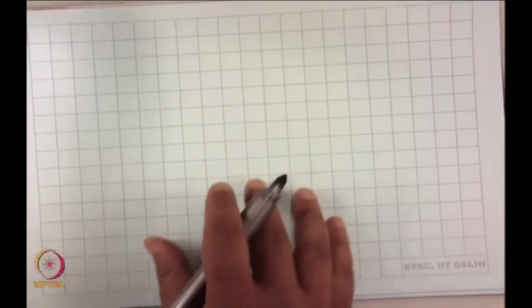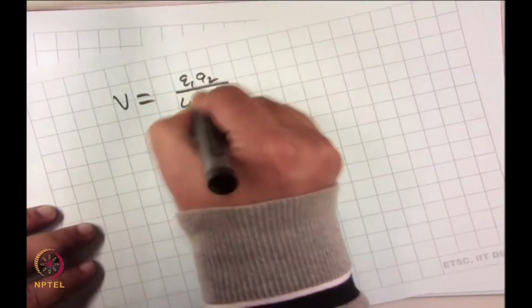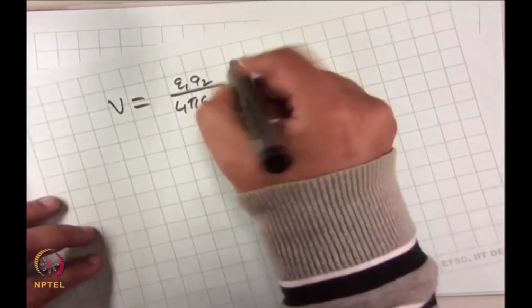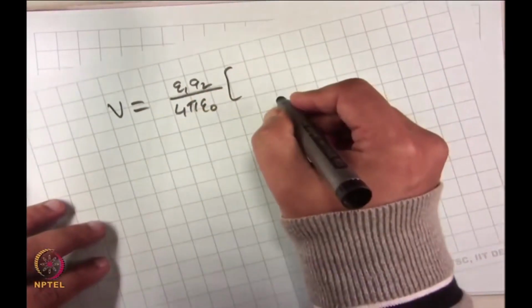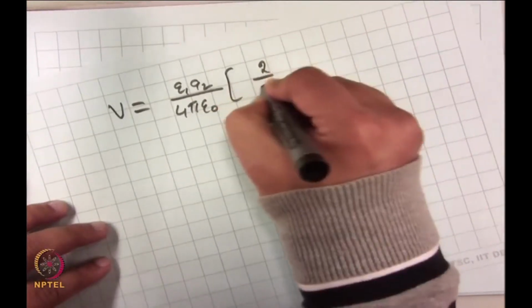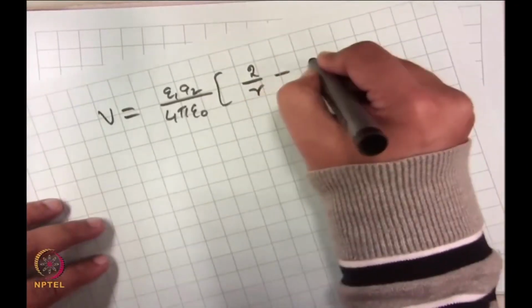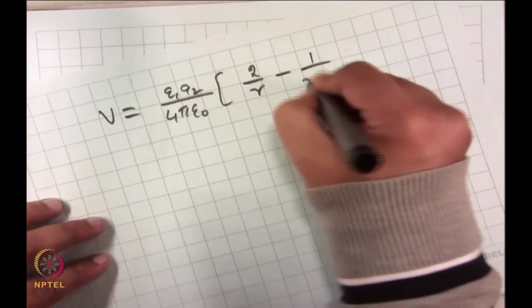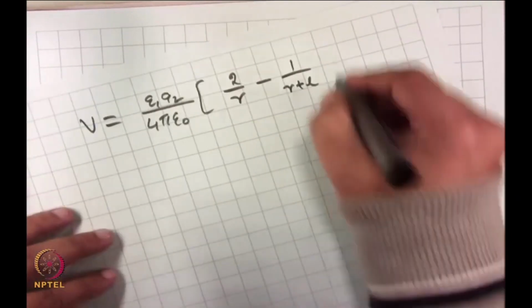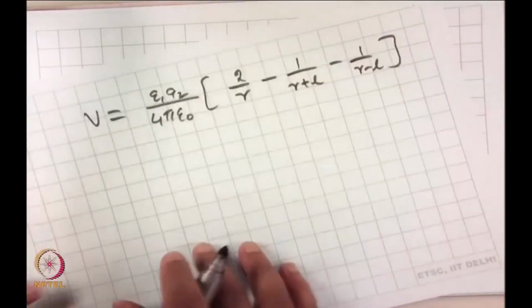Okay. So then I can simplify it by writing V is equal to Q1 Q2 by 4 pi epsilon 0. I can take that as common. Then I can write essentially what will I be having? I will be having 2 by r, then minus 1 by r plus L, and then minus 1 by r minus L, right?